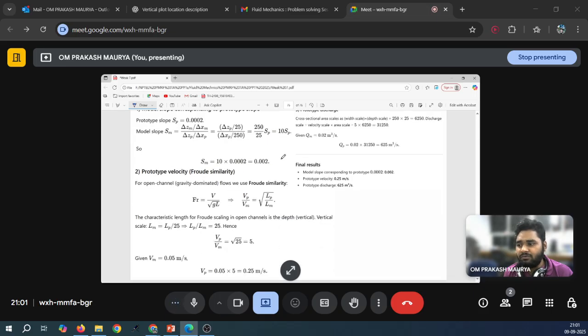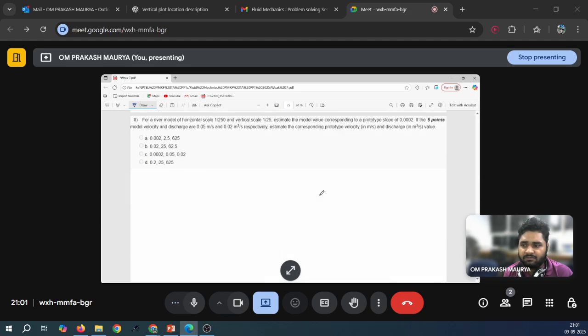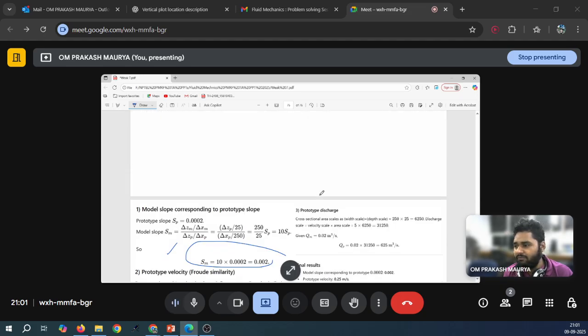So you know already your velocity is root Lr and your discharge is Lr to the power 5 by 2, that is 2.5, and slope you can calculate like that. So everything is here. If you go one by one, step by step, you will do it very easily.